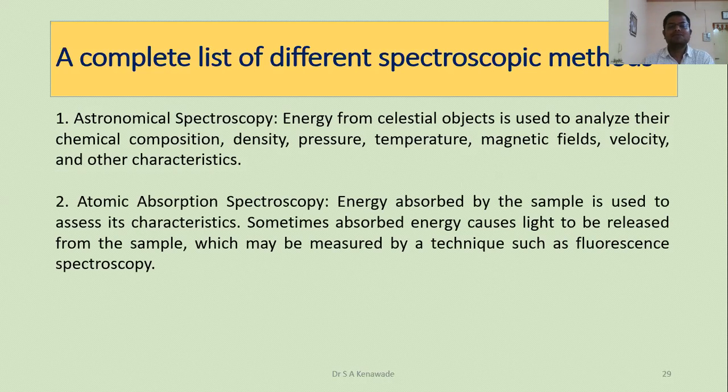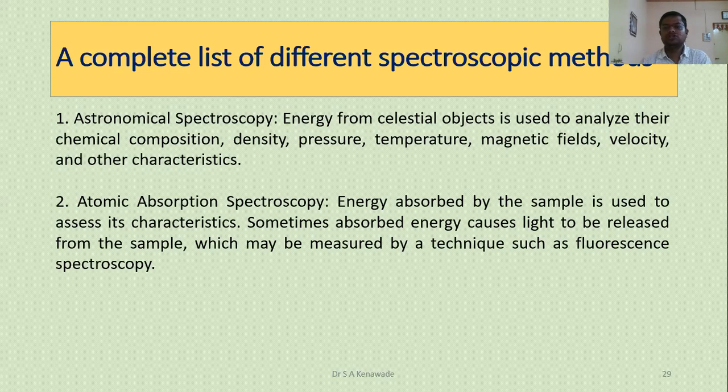Second one is atomic absorption spectroscopy. In this spectroscopy, energy absorbed by the sample is used to assess its characteristics. The matter absorbs some radiant energy, and this radiant energy absorbed by the molecule is characteristic of the spectroscopy.